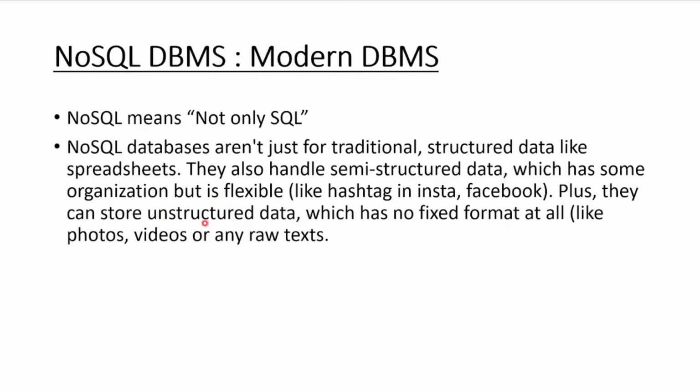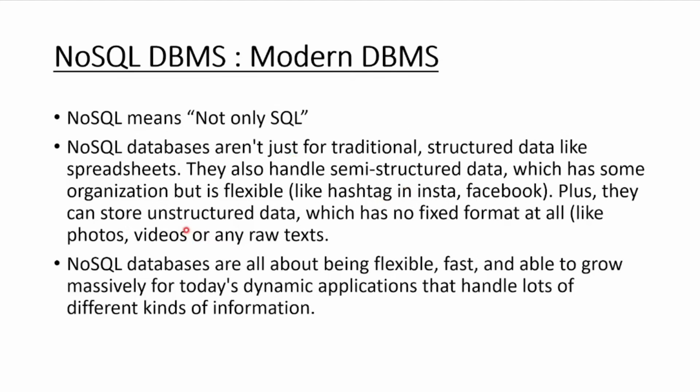Plus, they can store unstructured data, which has no fixed format at all, like photos, videos, or any text. A relational database management system records only structured data, while NoSQL handles semi-structured and even unstructured data types.